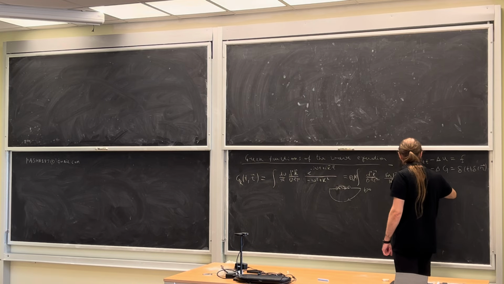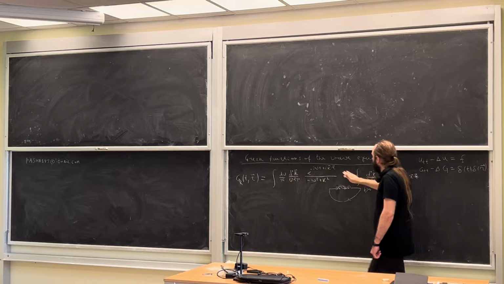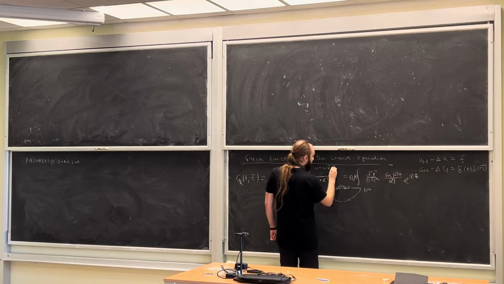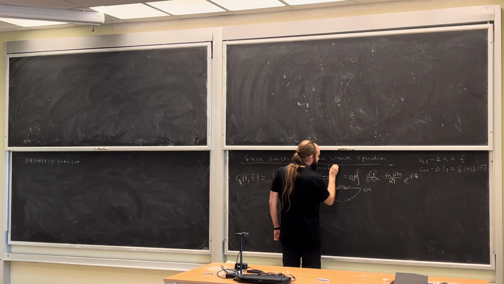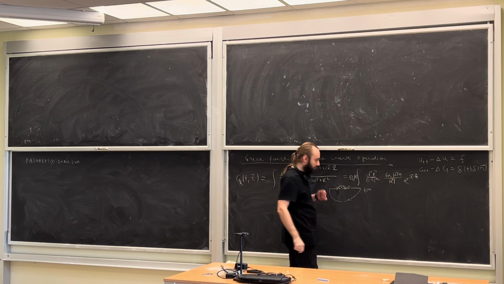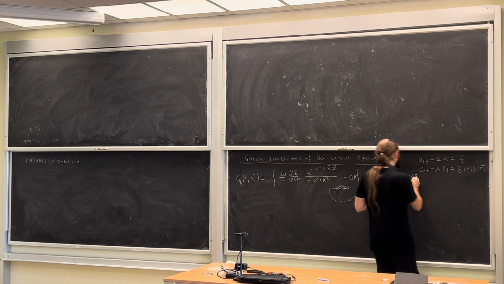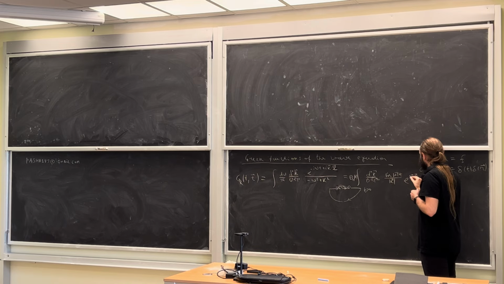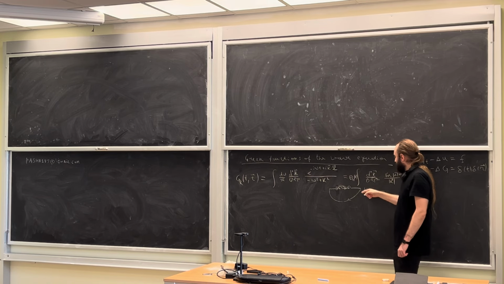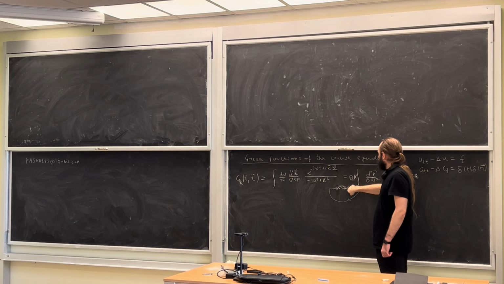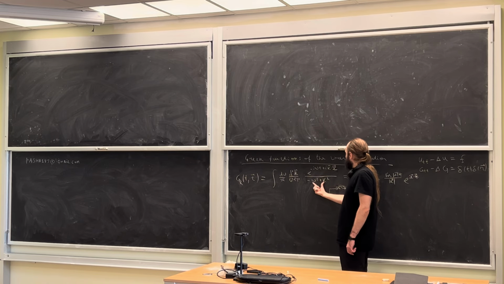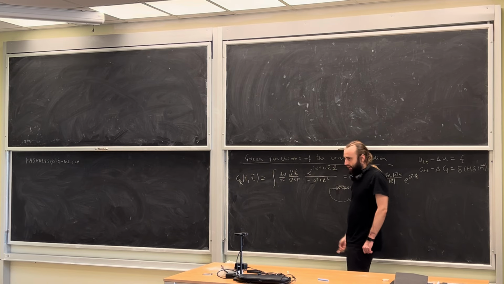Well, it's the same. The two terms in the sine are two contributions from these two poles, and k in the denominator is a contribution from this denominator.